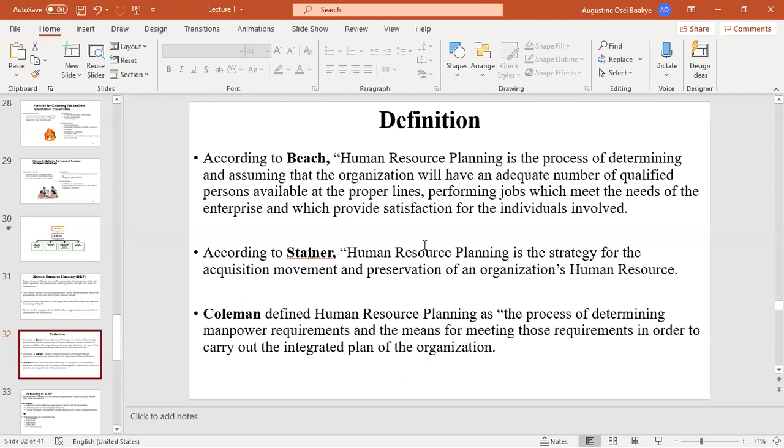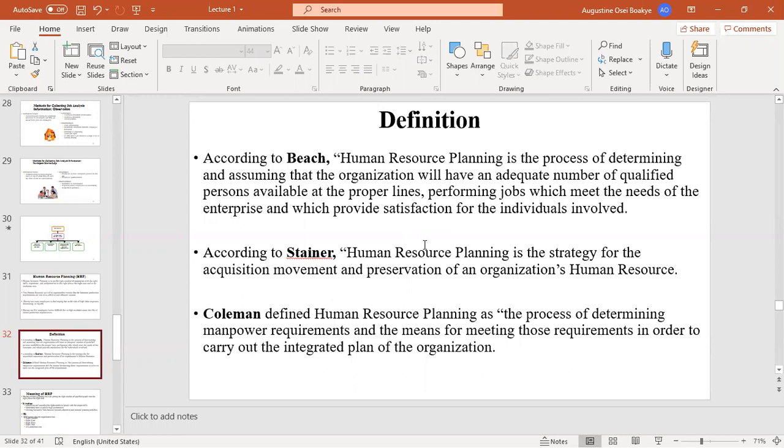Then the third one is when these people needs to be hired or when these people needs to be given the opportunity to work. And the fourth is where. Where do you want these people to work once they are selected to come and work in the organization?